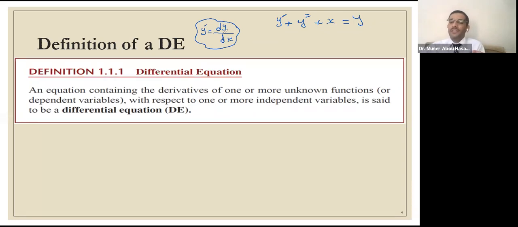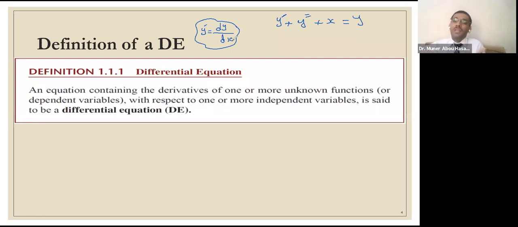And here the differentiation is with respect to x, so I will call x the independent variable. So starting from now, a differential equation means I have an equation with the function y with its derivatives: first derivative, second derivative, third derivative, and so on.